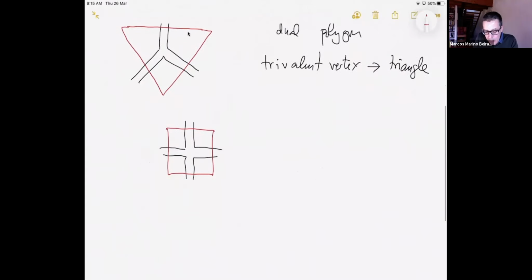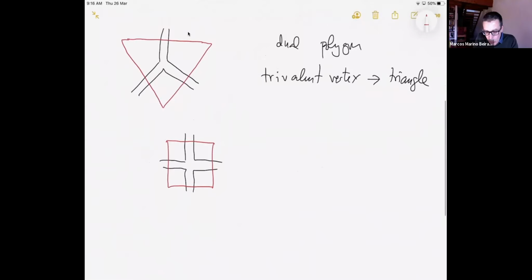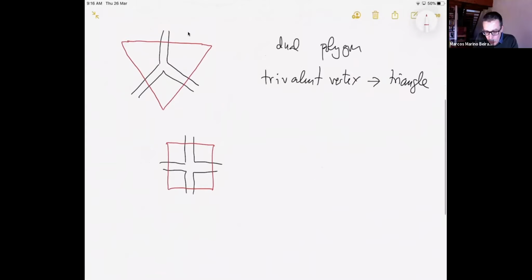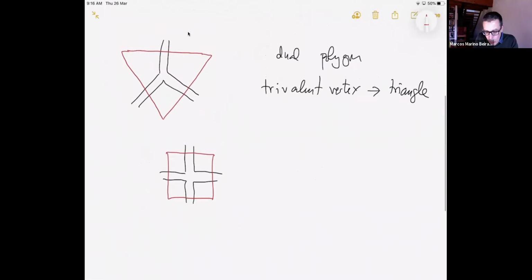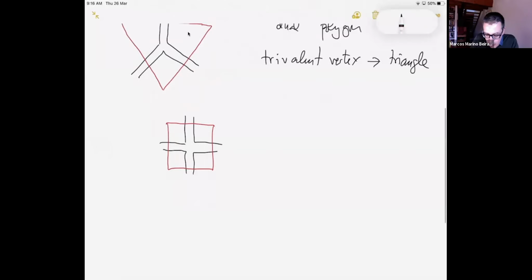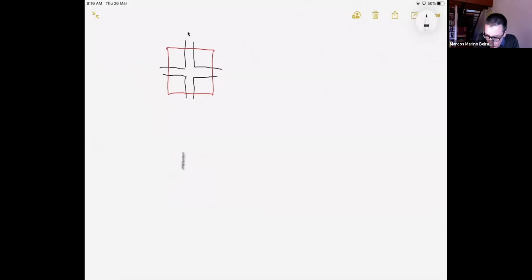Now, what happens when we construct diagrams? Well, when we construct diagrams, we have to use Wick's theorem and we have to make pairings, right? So let me try to illustrate this.